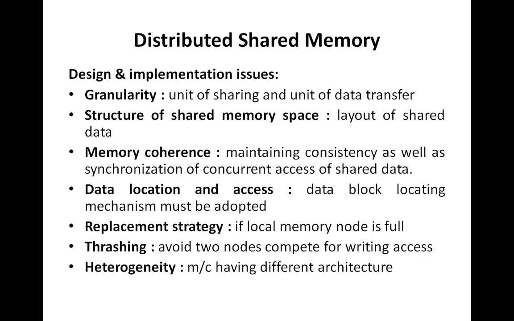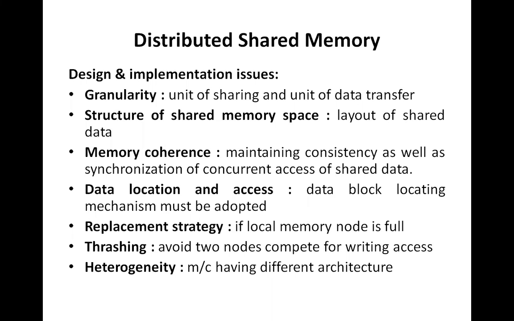Besides that, there must be some more requisites available in the form of synchronization primitives such as semaphore, event count or lock, which are needed to synchronize the concurrent access of the shared data. So it is not only the consistency which has to be maintained, but also the synchronization of concurrent accesses of the shared data. It is also an important issue as far as distributed shared memory is concerned.